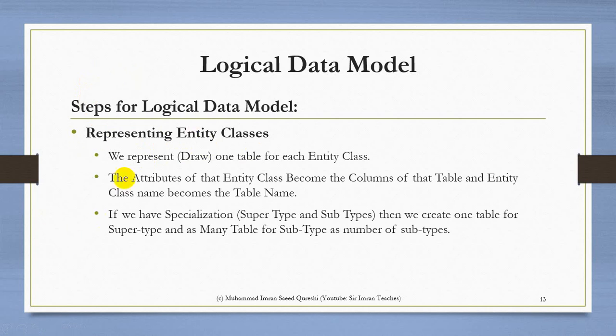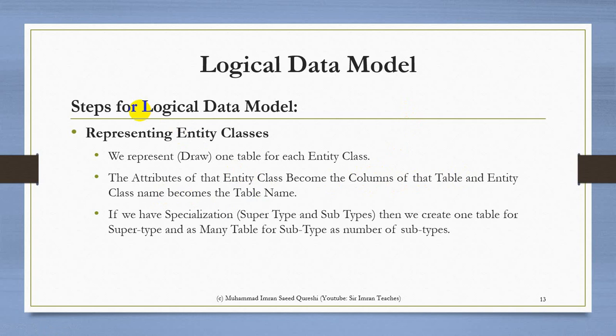Then the attributes of that entity class become the columns of that table, and the entity class name will become the table's name. I will just show you every bit of it, so just wait.